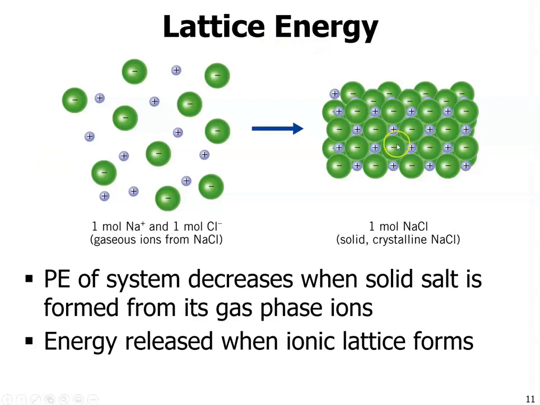But when we move over here into this lattice, we've lost all of that energy, and the potential energy of the system is decreased when the solid salt is formed from the gas phase. This decrease in energy is a release of energy from the system into the environment when that lattice energy is formed.